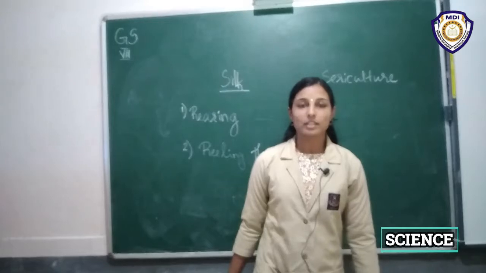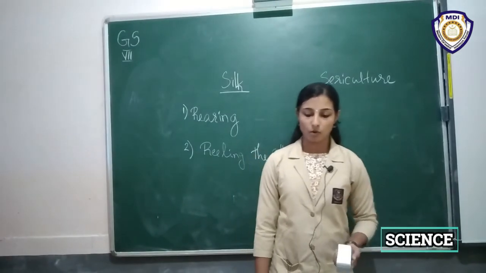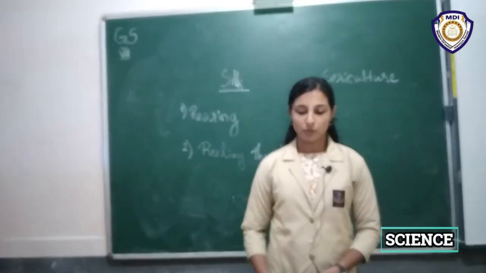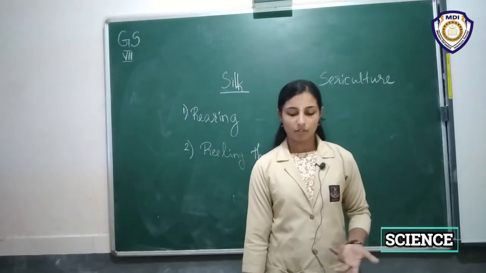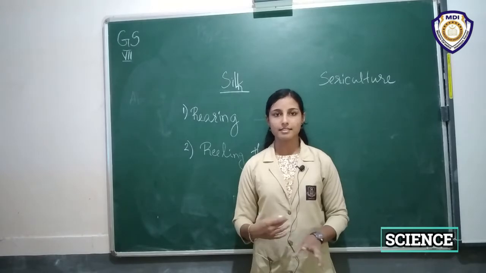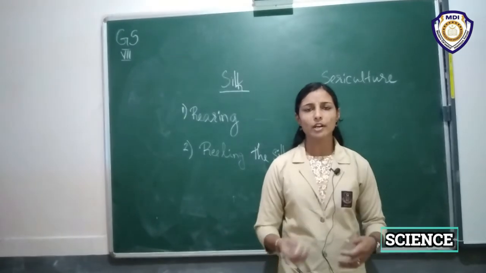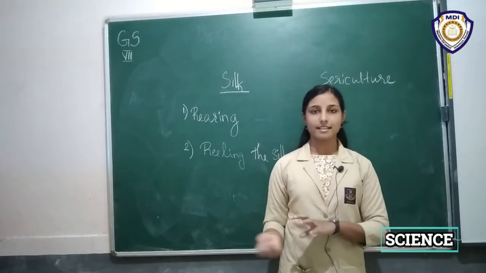Okay. So this is how we get silk yarns, or silk fibers spun into silk threads, and it is given to weavers who make silk sarees. Hope you understand how the cocoon becomes silk threads.